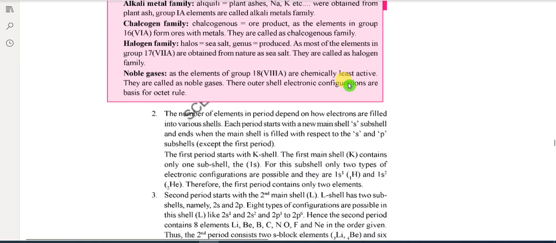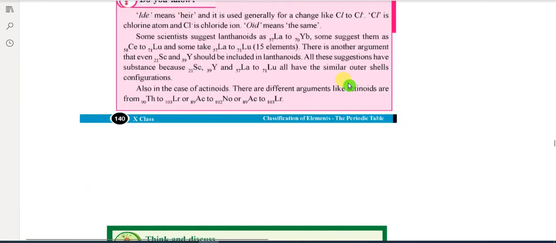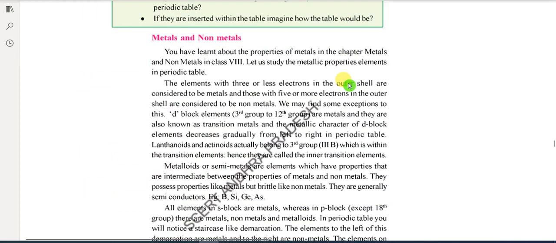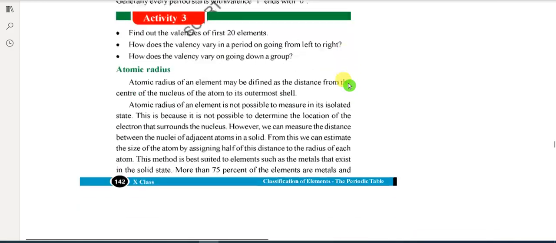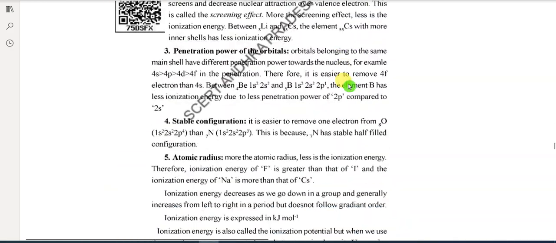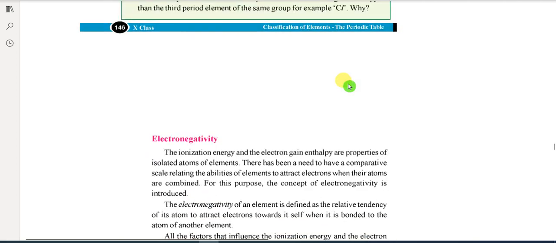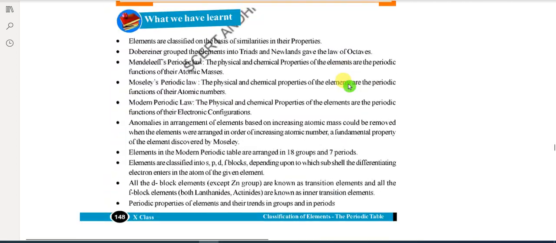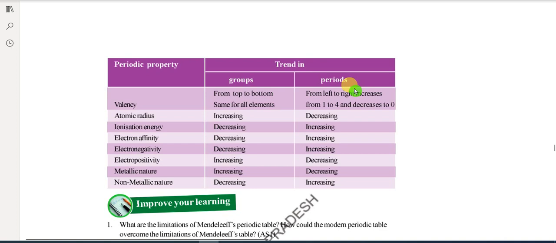And how many periods and how many groups are there? S, P, D orbitals. And another question is here. Yes, table.